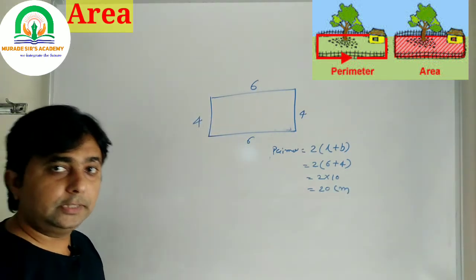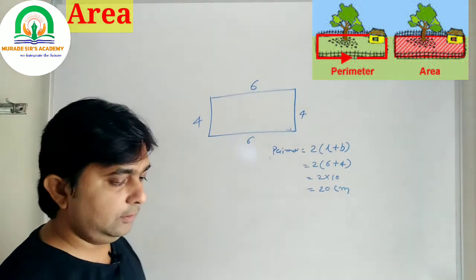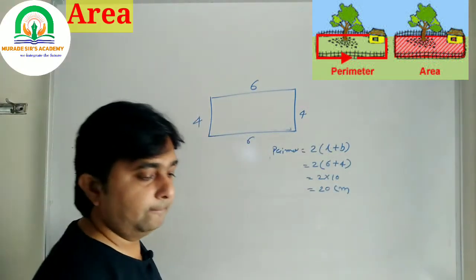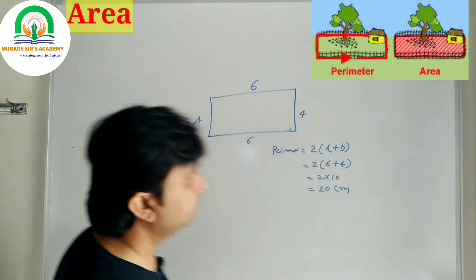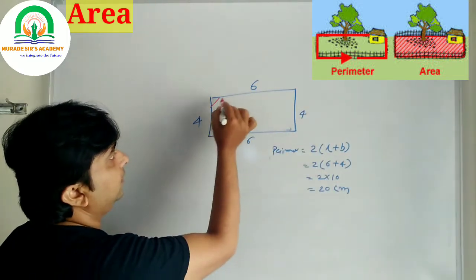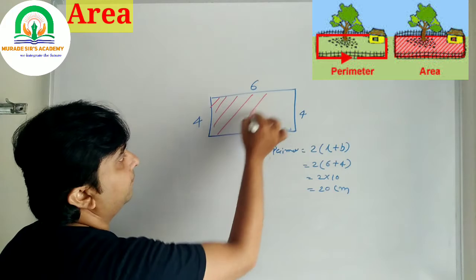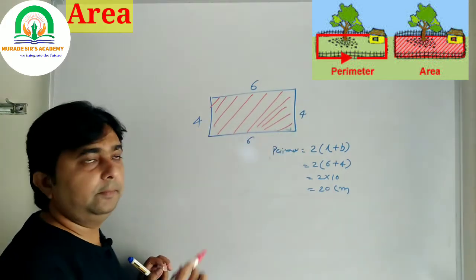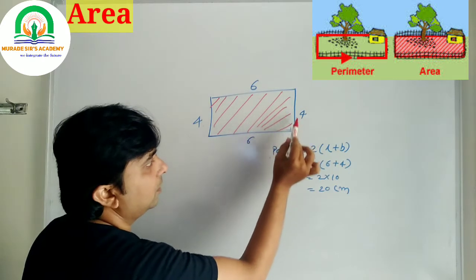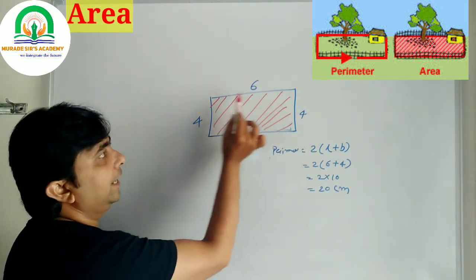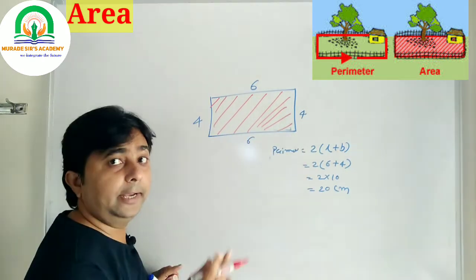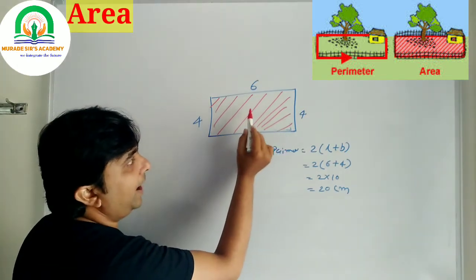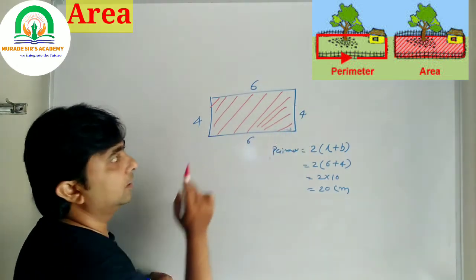Then in this video we will see area. What is the difference between area and perimeter? Perimeter means just measuring the outside length, and area means the space occupied by these closed figures.